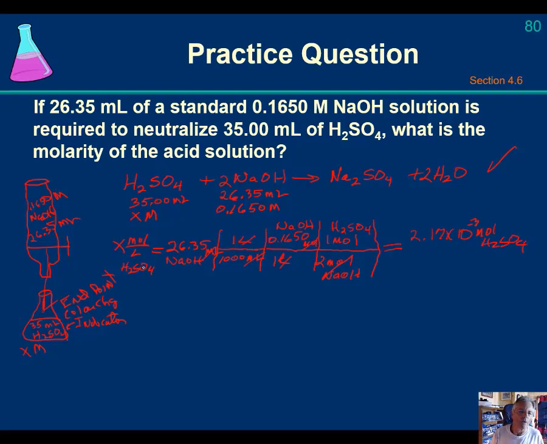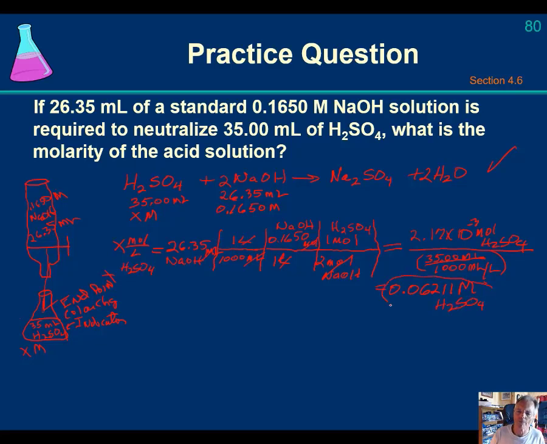H2SO4. We want to get this into moles per liter, so we'll divide by the 35.00 milliliters of H2SO4, and convert that to liters by dividing by 1,000 milliliters per liter. When we've done that, we get a concentration of the H2SO4 of 0.06211 capital M moles per liter.